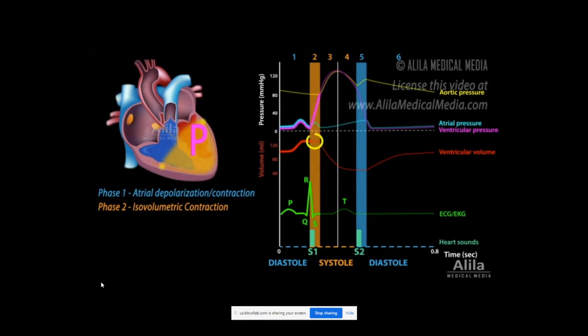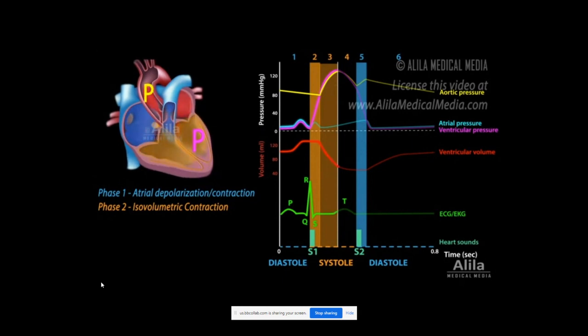This phase is referred to as isovolumetric contraction. No blood is ejected, and ventricular volume is unchanged. Ventricular ejection starts when ventricular pressures exceed the pressures within the aorta and pulmonary artery. The semilunar valves are pushed open, and blood is ejected out of the ventricles. This is the rapid ejection phase.